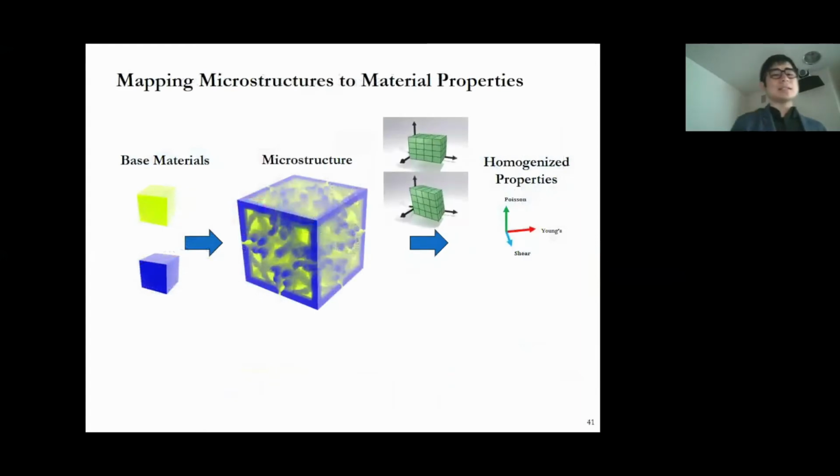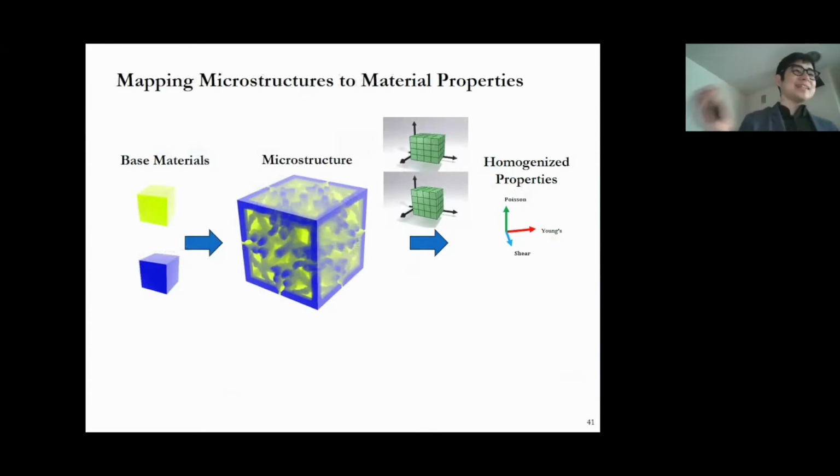So the cornerstone of our research is something called microstructure, this cube. And this cube is composed of 2 materials. Like the yellow and blue, you can think of one of them is very stiff and the other is very soft.